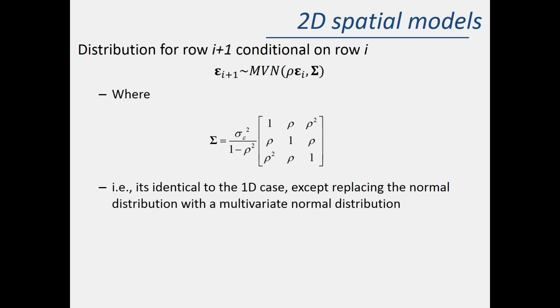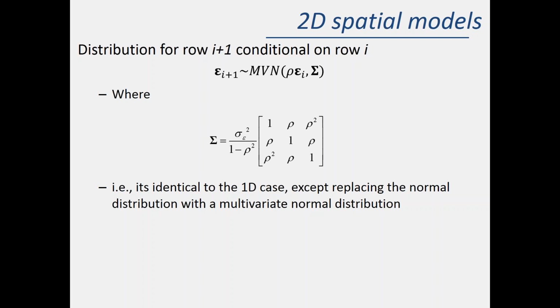So, basically I replace the scalars that I had before with the vectors of this epsilon matrix. And just say, the epsilon for row I plus 1 follows a conditional probability with an expectation equal to the row before it times this row parameter, and you just sweep through the factors of that matrix the same way.